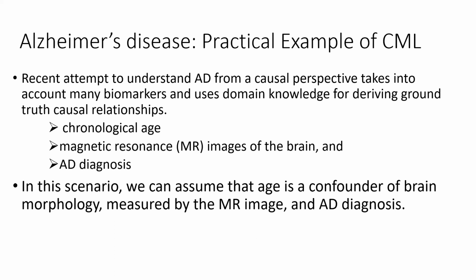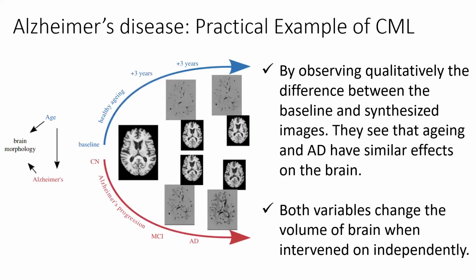So in this scenario, they can assume that the age is a confounder of the brain morphology measured by the MR image and the AD diagnosis. These relationships are illustrated in the causal graph. This is the left figure.